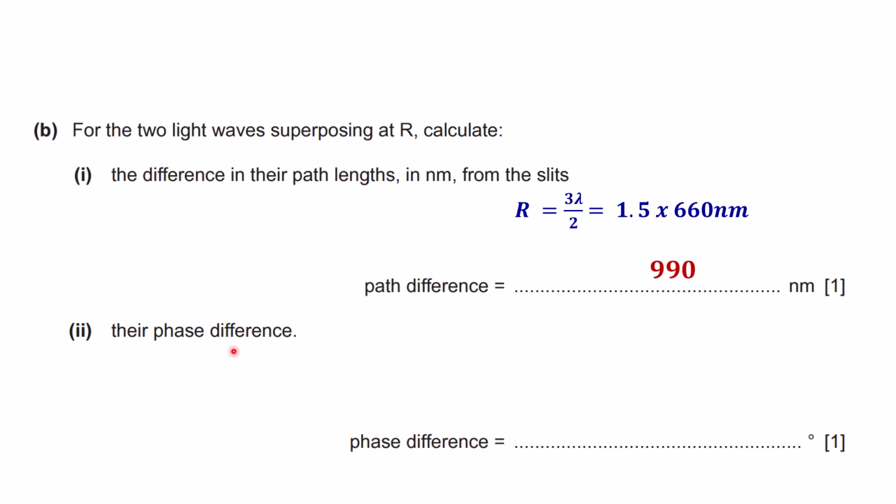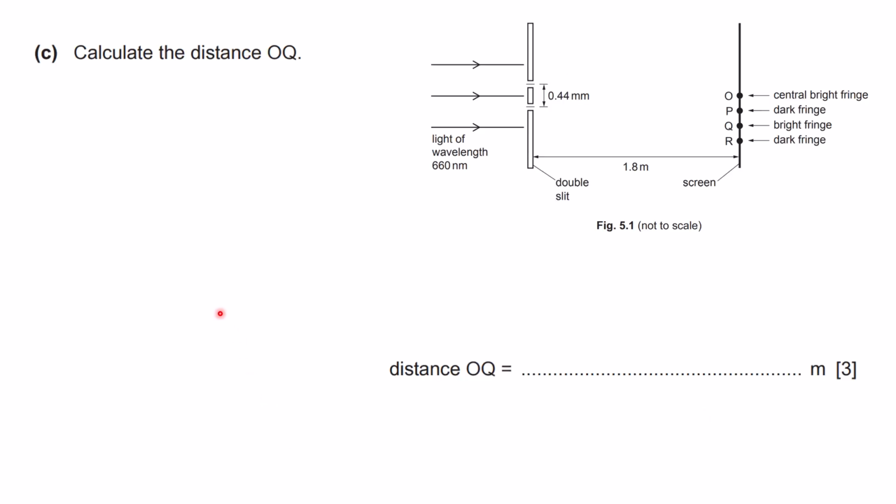For the phase difference at point R, or at the R fringe, again, it is 3.5 of one complete wavelength, which is now 360 degrees, and when we multiply everything, we have 540 degrees. Now the next question is asking to calculate the distance OQ.